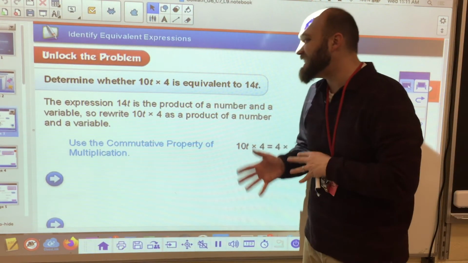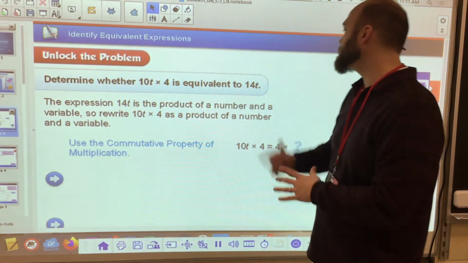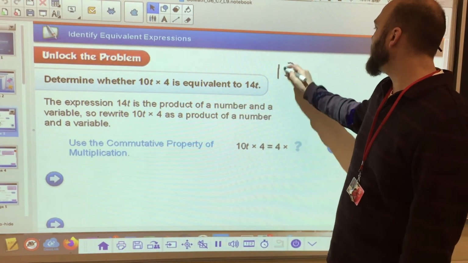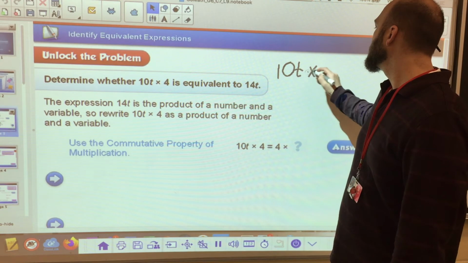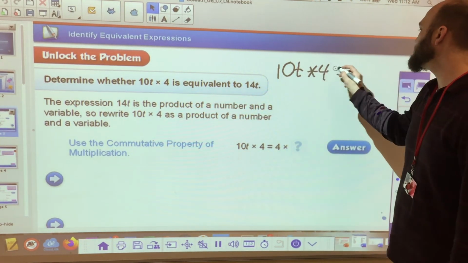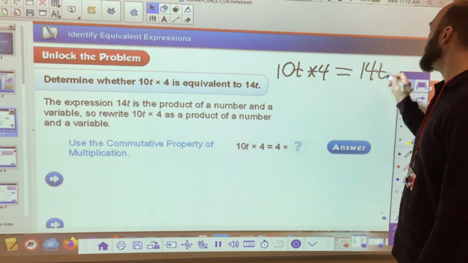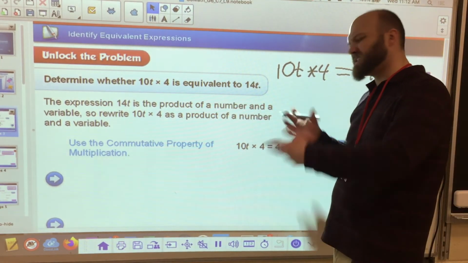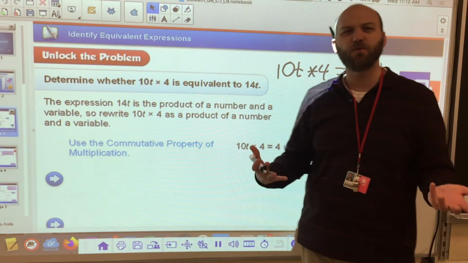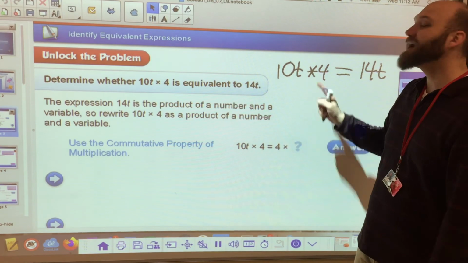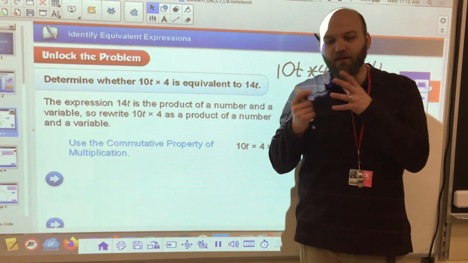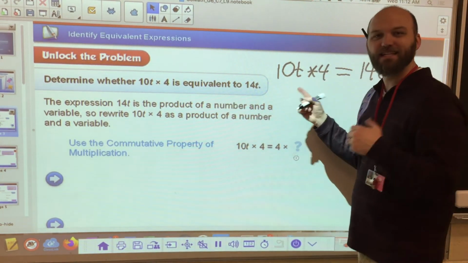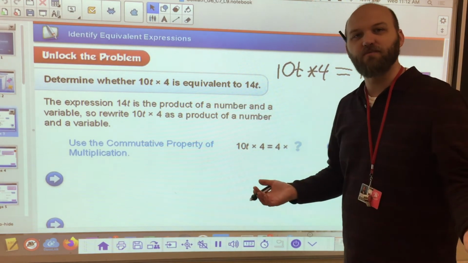Determine whether 10t times 4 is equivalent to 14t. So if I have 10t times 4, is that equal to 14t? A lot of people might say, well, I've got 10t and a 4, and I'll put them together, and that's 10 plus 4 is 14. But they're asking me to multiply. And even if they weren't asking me to multiply, I can't add 10 t's with 4. They're not the same thing.